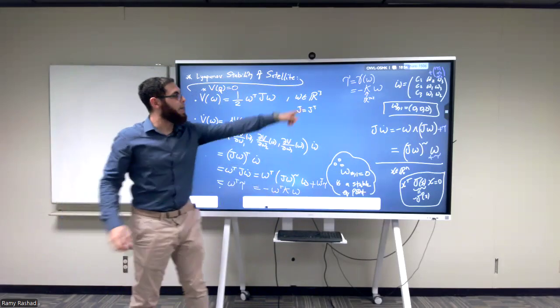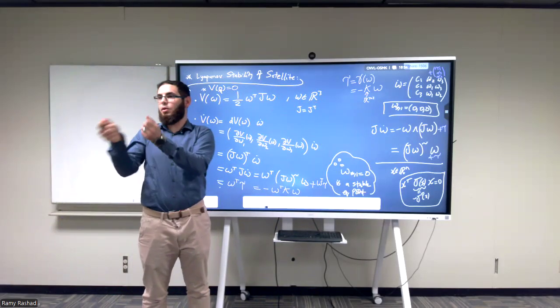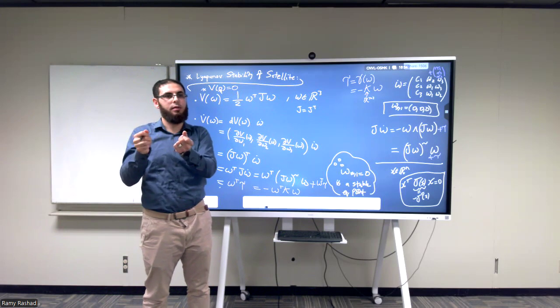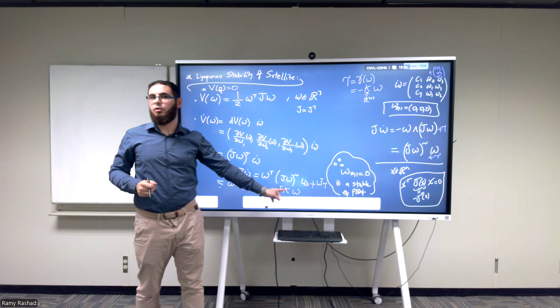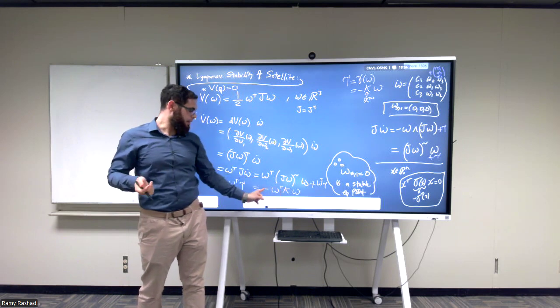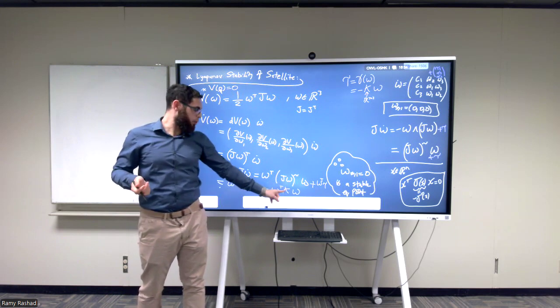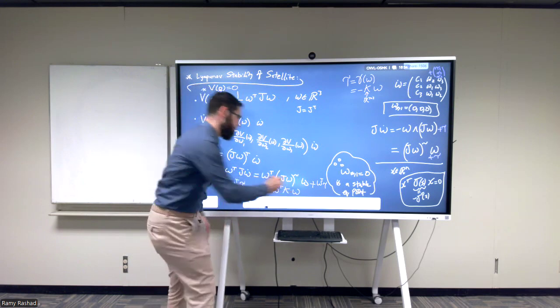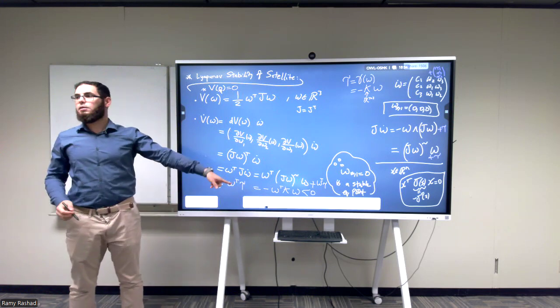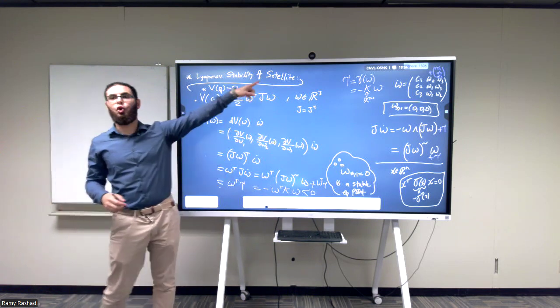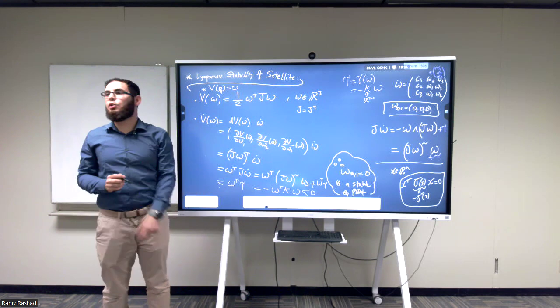If k, which is my control gains, my controller parameters that I can play with, is a symmetric positive definite matrix, then this is minus omega transpose k omega. What does this give us? Something that's strictly negative definite. And thus, I prove that I have a controller that can stabilize the origin.